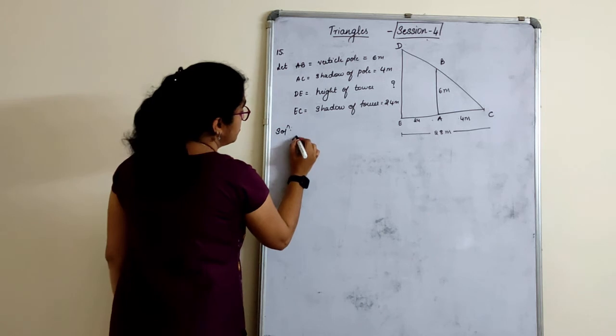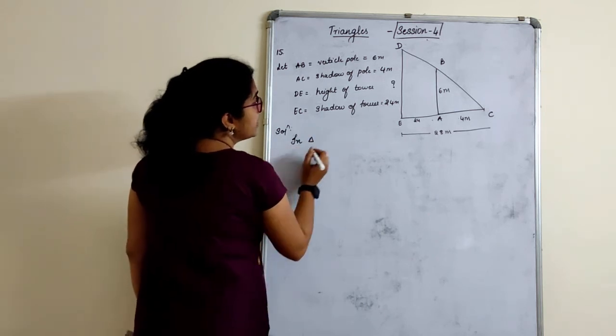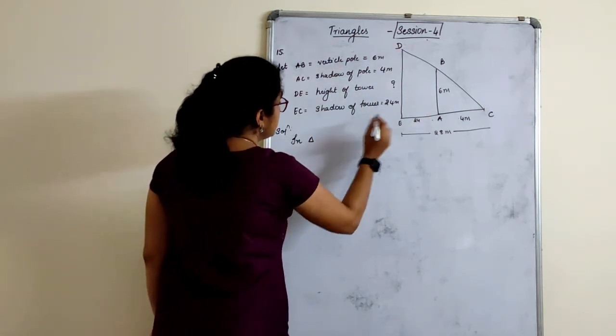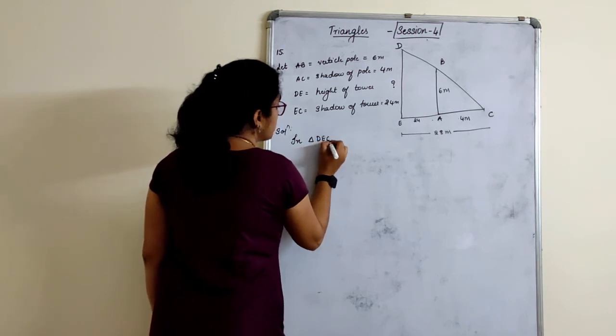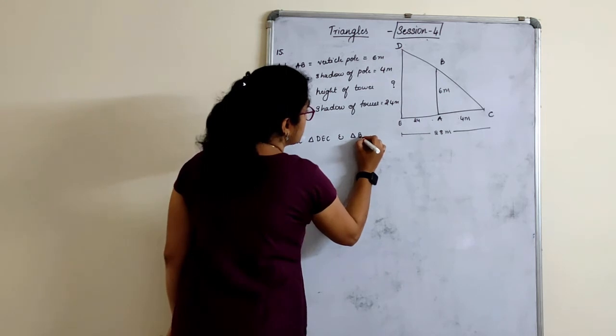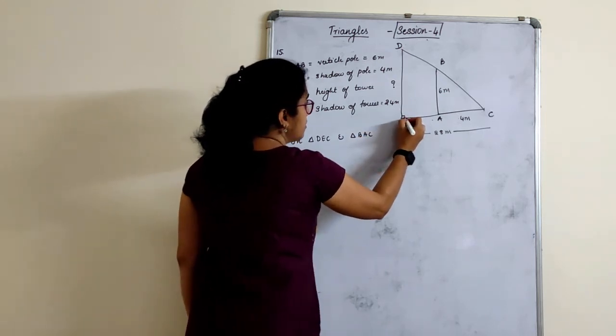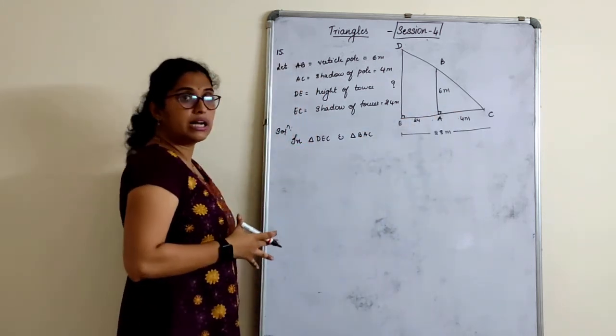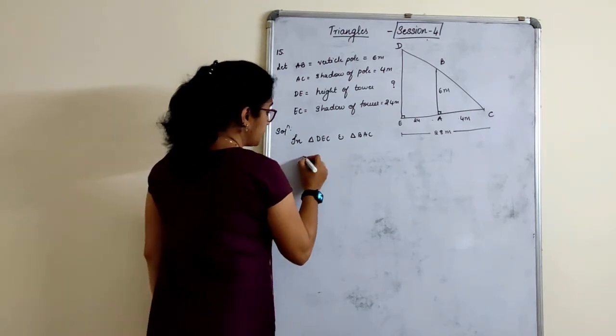Solution. So in the bigger triangle DEC and triangle BAC, first of all, if it is a pole, it is assumed that they are perpendicular to each other.